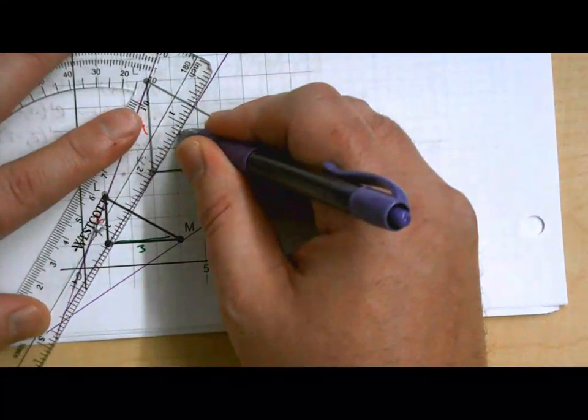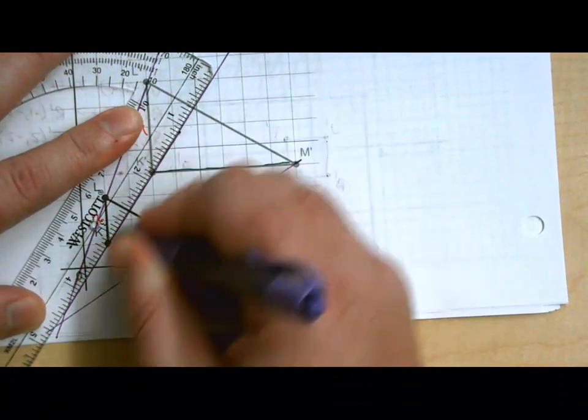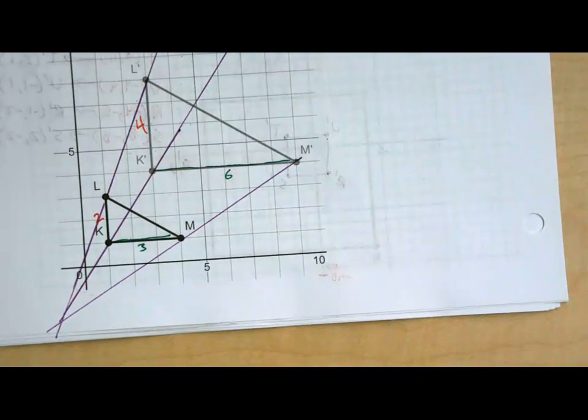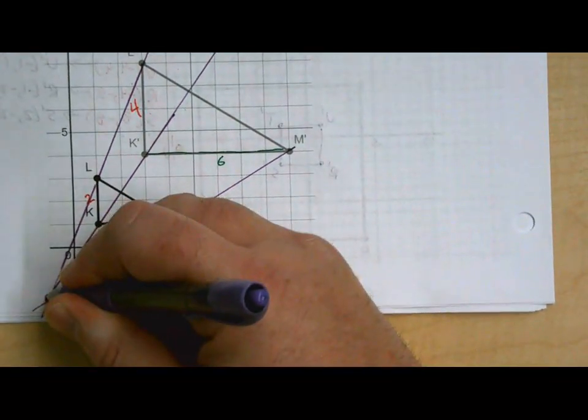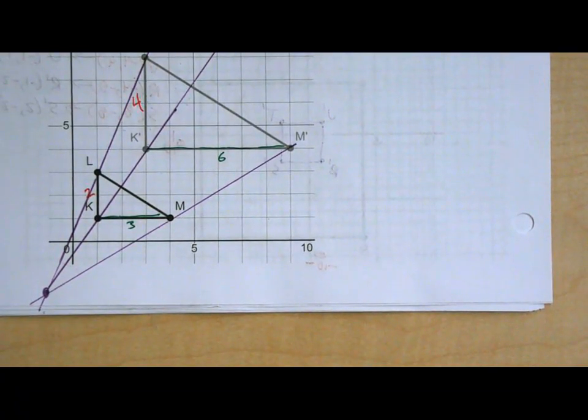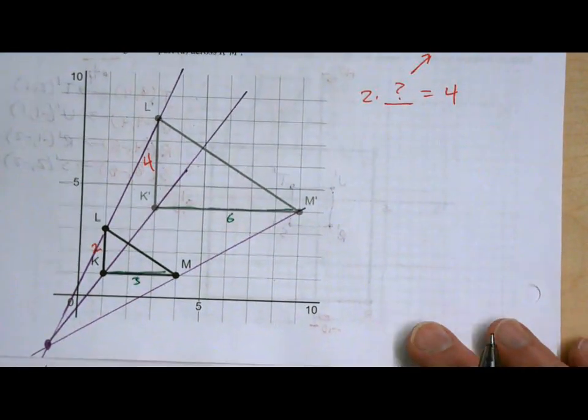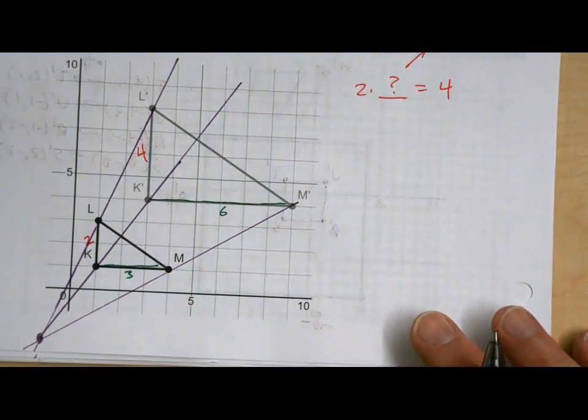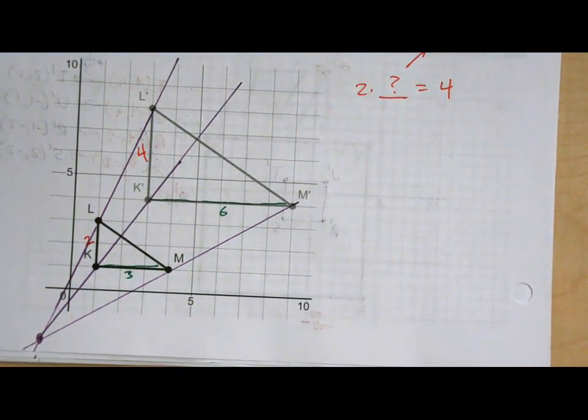And that will be your center of dilation. So those lines all come together at a single point. It looks like it's down here someplace. It's not the origin this time. I'm guessing it's going to be like -2, -3 or something like that. Okay, but your center of dilation will always line up with your points and your original points and your new points. So you can trace them backwards.